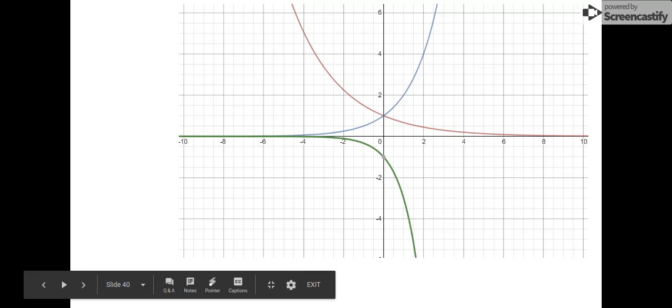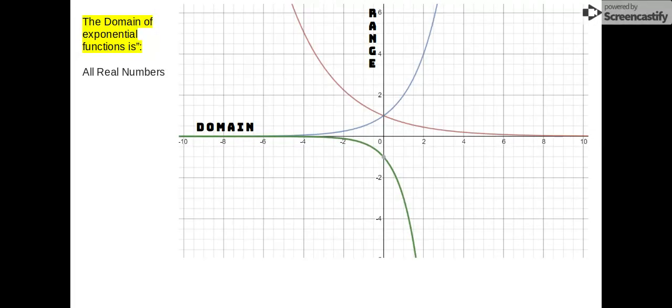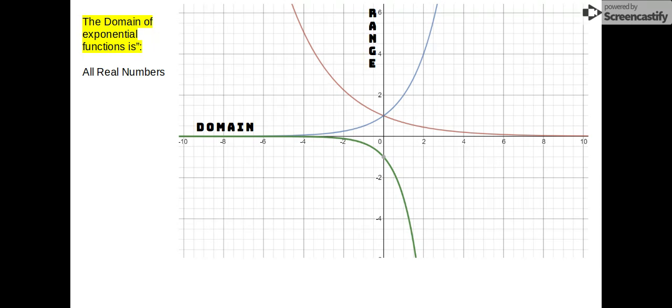If we look at all of these together, this is what they look like. And if we were to talk about their domain and their range, this is what we would say. The domain of all exponential functions is all real numbers. Why? Because if you look at the domain, which is the x's, they go forever to the left. They're all approaching negative infinity over here.